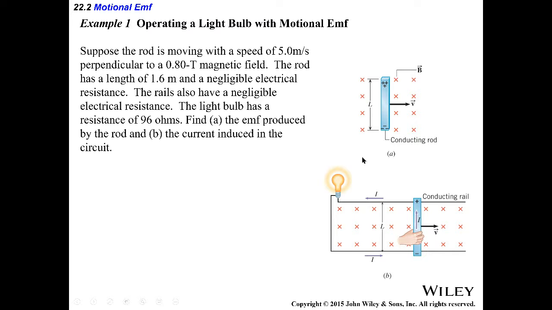The rails also have a negligible electrical resistance, and the lamp has a resistance R. So now they say the lamp, the light bulb, has a resistance of 96 ohms. They say, find the EMF produced by the rod. Produced by the rod because I was pushing the rod. Okay, if I were to put this question, I would then say, find the EMF produced by the rod that is being pushed. Because if the rod is not pushed, there is no EMF.